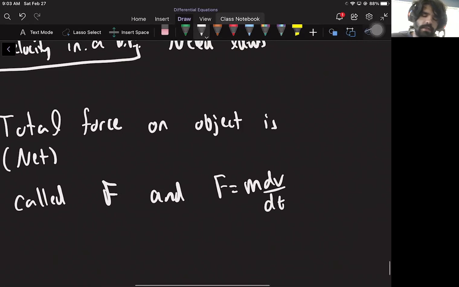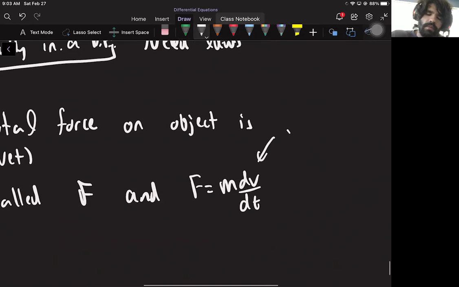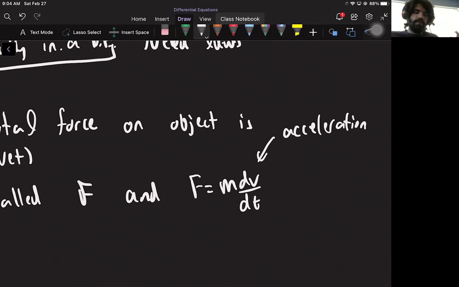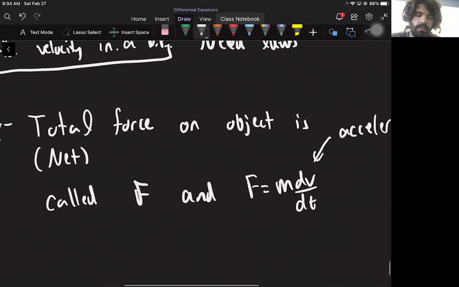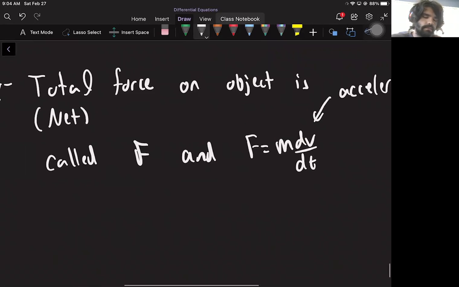So how fast the velocity is changing. This is more commonly known as acceleration. So how fast your speed changes is your acceleration. But velocity also accounts for direction and not just speed. Okay, so how fast your velocity changes is acceleration. If I multiply that by the mass, I get the total amount of force on the object.